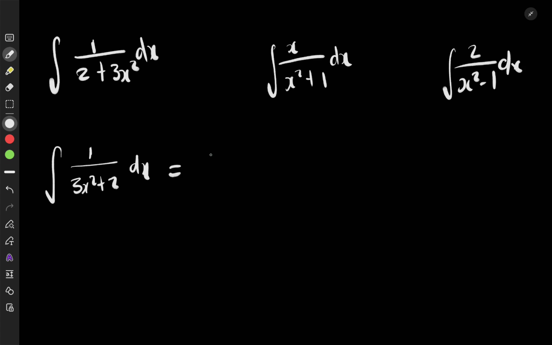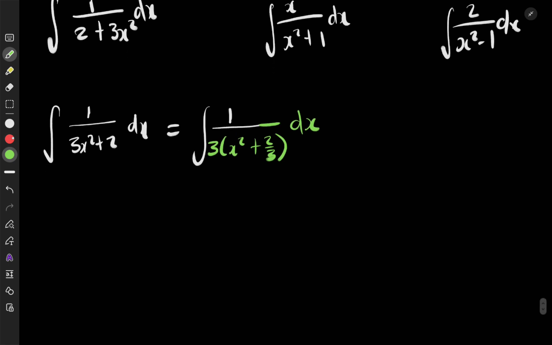This is going to be equal to the integral of 1 over, I'm going to bring 3 out, 3 comes out. I have x squared plus 2 over 3, and this is with respect to x, right? We've done it before, but I'm just bringing it back. So this would be 1/3 the integral of 1 over x squared plus 2/3 with respect to x.